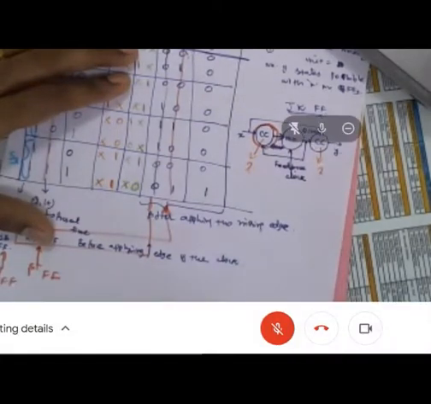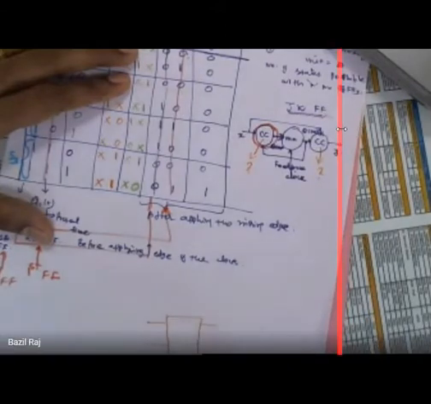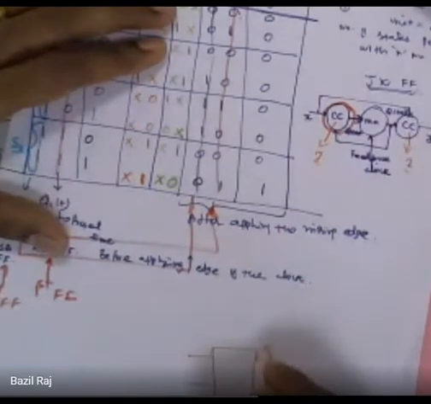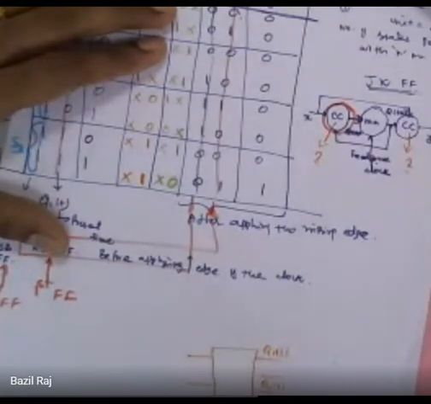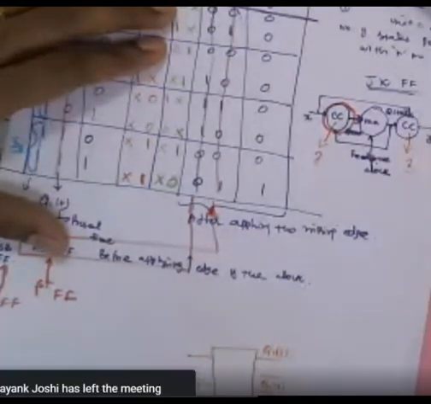This is J1, K1, J2, K2. This is Q1 of t, Q2 of t, Q1 dash, Q2 dash.